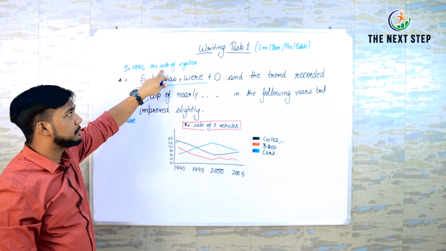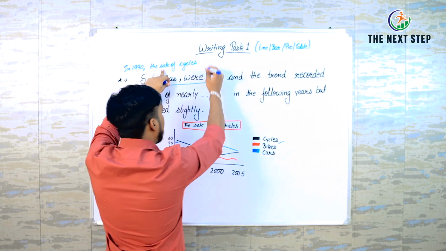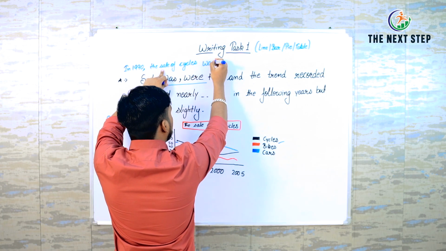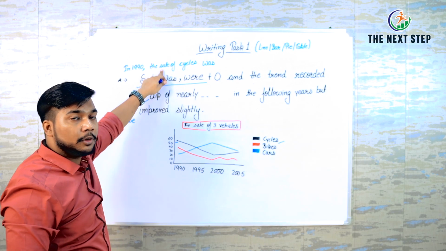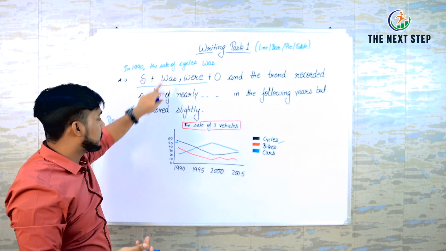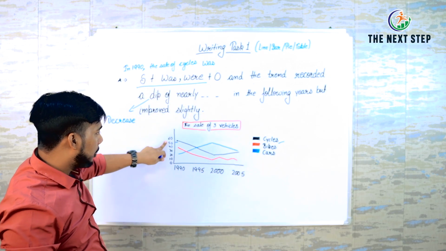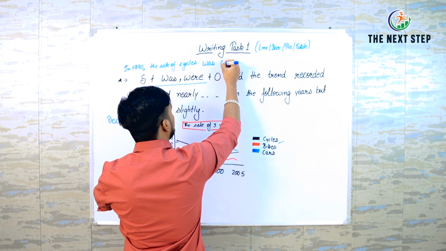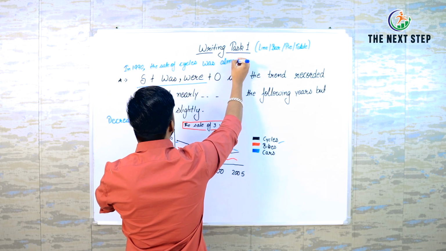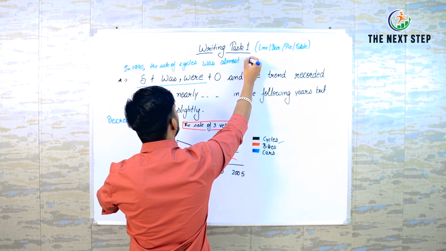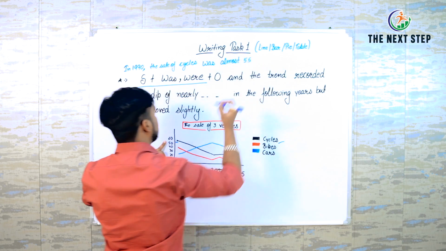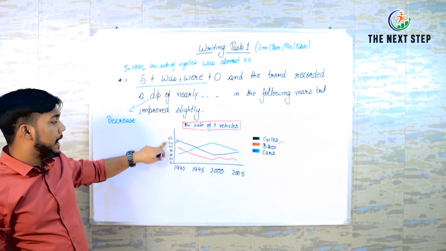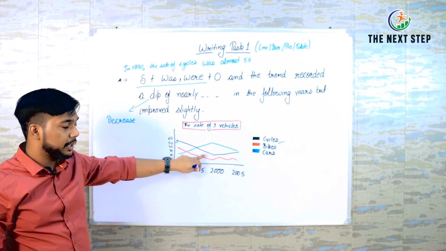After this, as I'm talking about sale, I can add here was. So how much was the sale? It was almost 55. And then you can see the decrease.